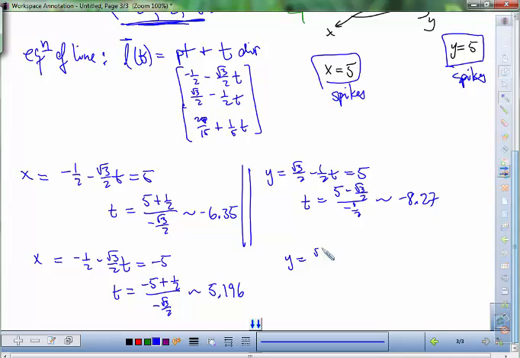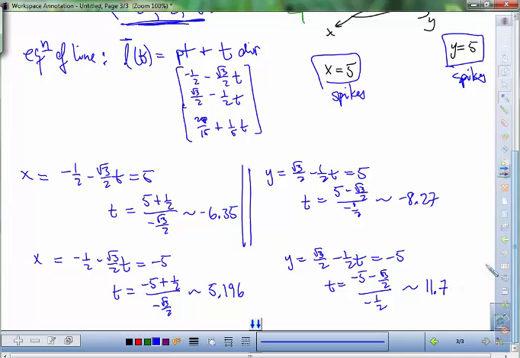So y is √3/2 minus 1/2 t, and we'll set that equal to -5. In this case, t equals -5 minus √3/2 divided by -1/2, which is 11.7.